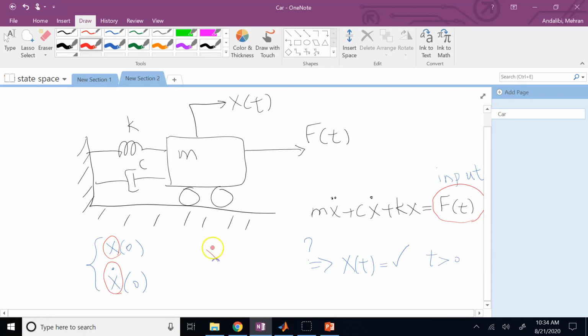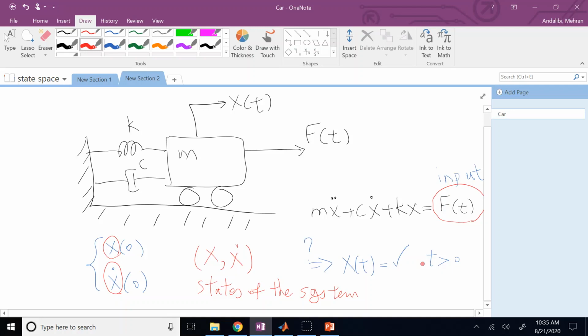So I call x and x dot the states of this system, because I need to know their values at the beginning in order to be able to completely solve the differential equation and find the behavior of the system in the future. So in this system, a natural choice for selecting states are position and velocity. Now, how many states do I need? Here it says the minimum possible.